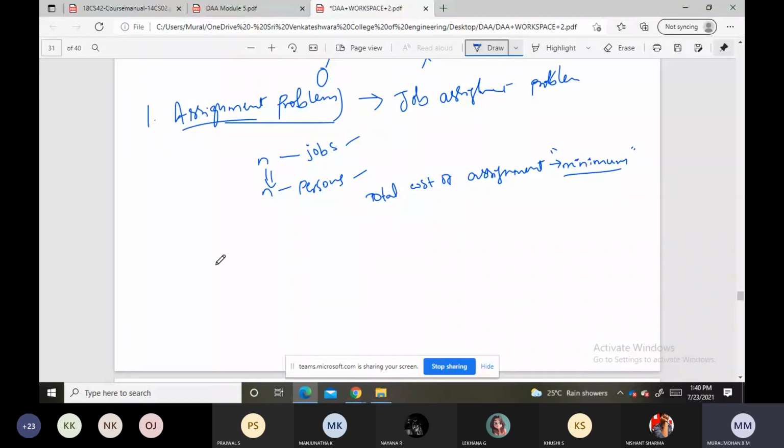So here the cost is given like this. Here it is job 1, job 2, job 3, job 4. Let us take 4 jobs.